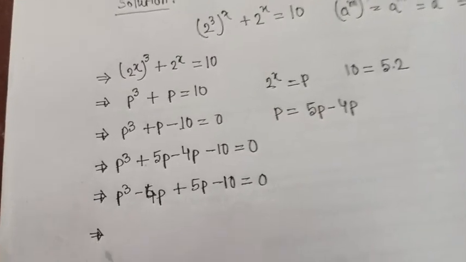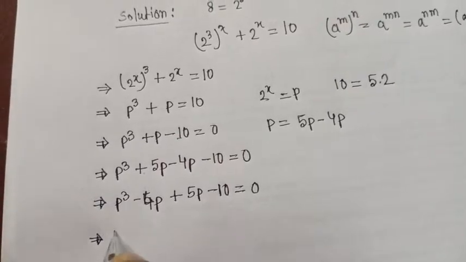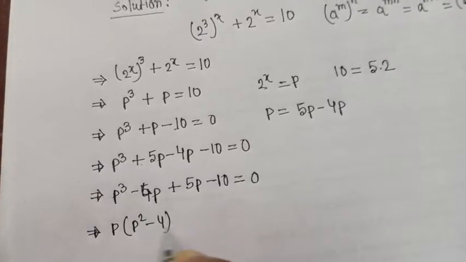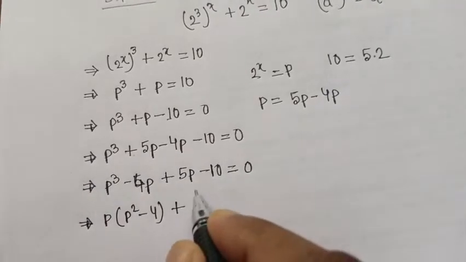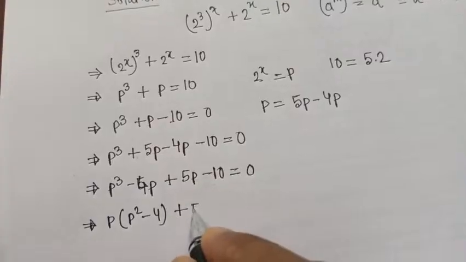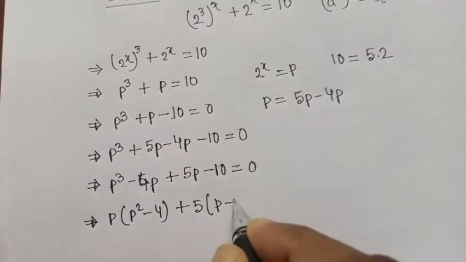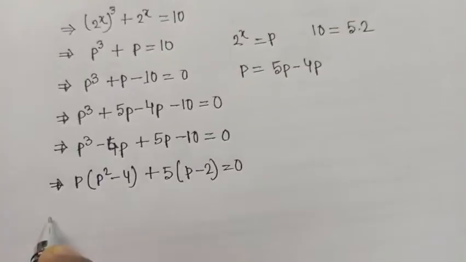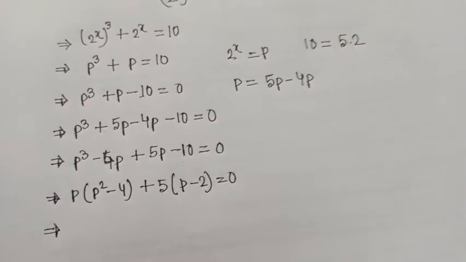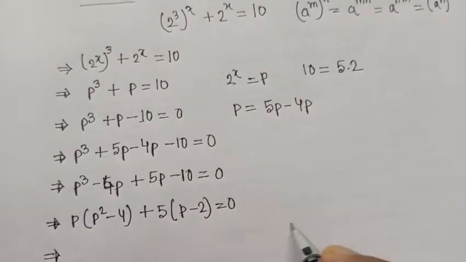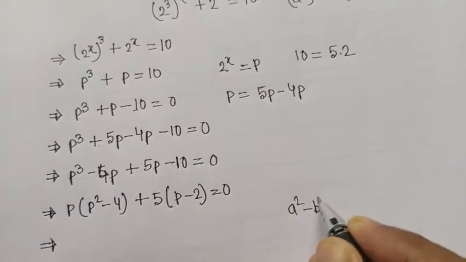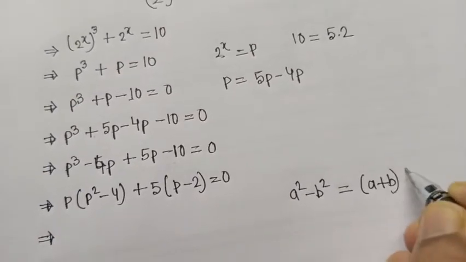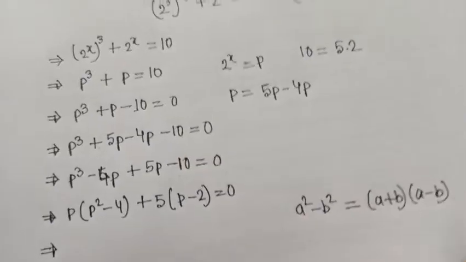Now if we take common just p, the rest part will be p square minus 4, and if we take common 5 from these two expressions, the rest part will be p minus 2 equals 0. So here we know the formula a square minus b square is equal to a plus b multiplied by a minus b.